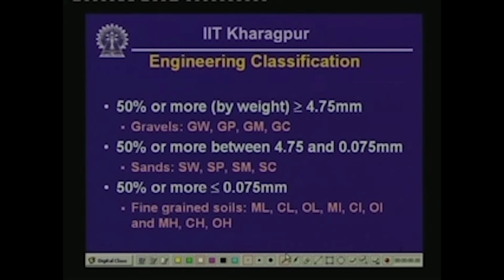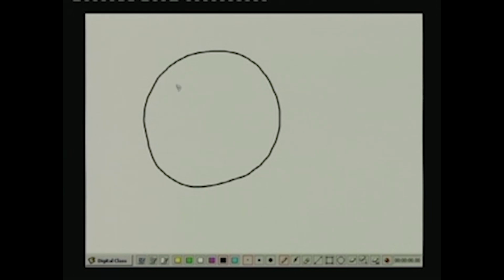Now, one question comes to your mind: how do you determine these different grain sizes in order to go through this kind of classification? Basically, if you have coarse grained soils, then the grain sizes are found by sieving the soil through a stack of screens of square mesh.